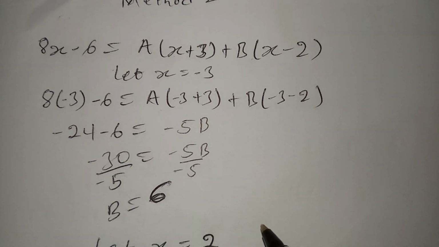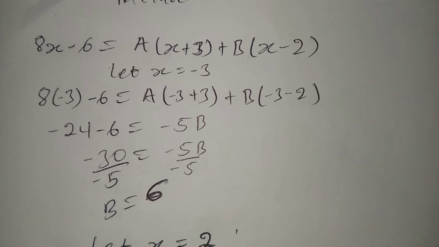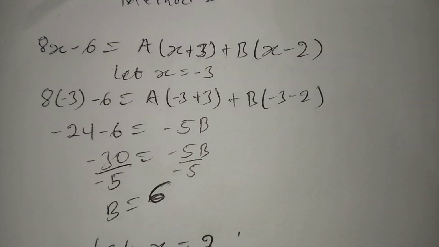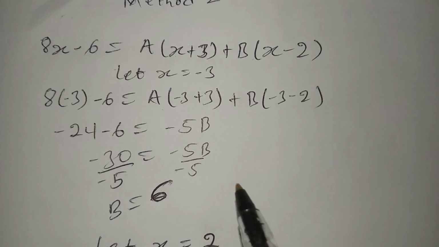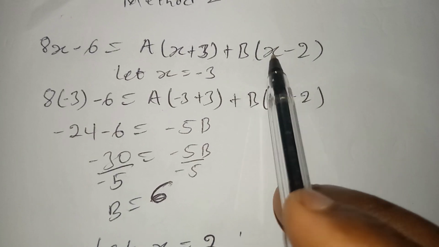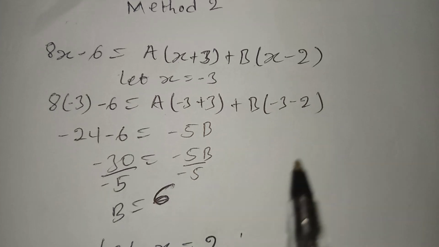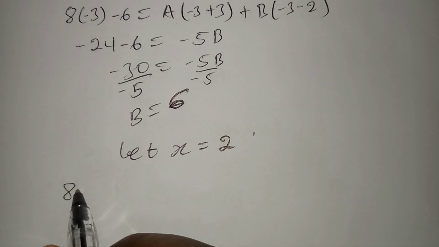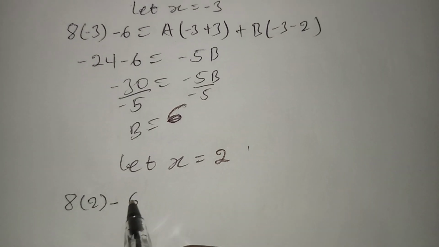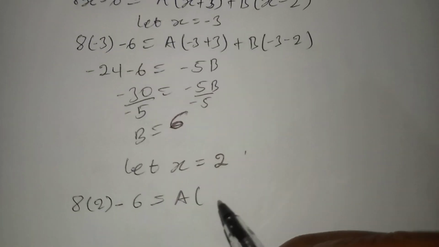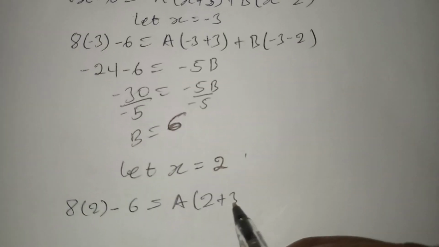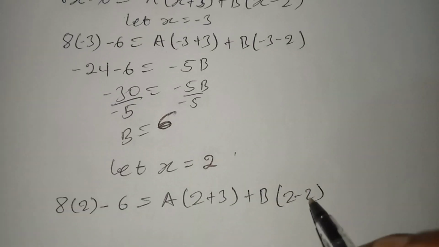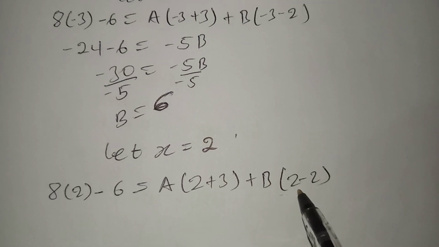To solve for A, we must let x equal to positive 2, so that when you substitute it here, we get rid of the B component. By substitution, we'll have 8 multiplying 2 minus 6 equal to A in parentheses 2 plus 3, plus B in parentheses 2 minus 2. So you realize this place will go away. It will tend to zero.